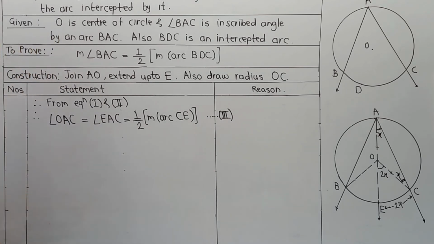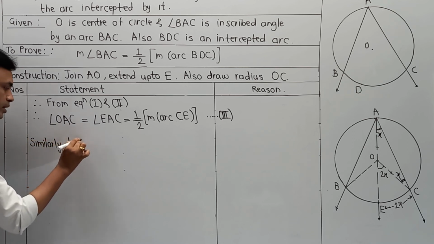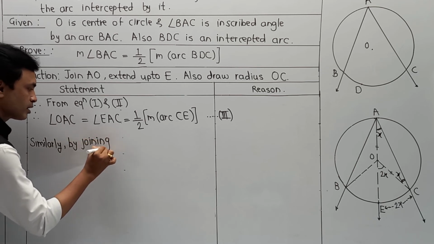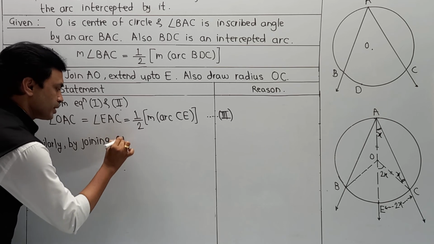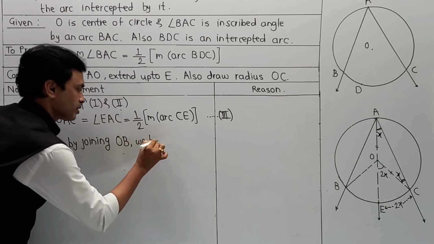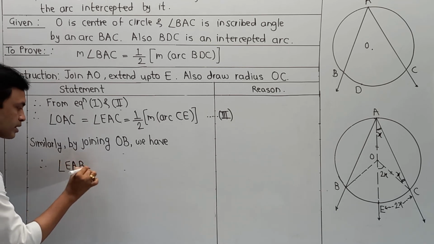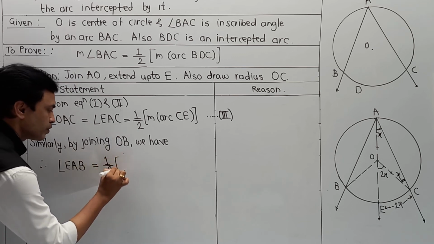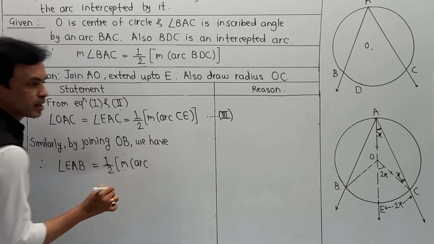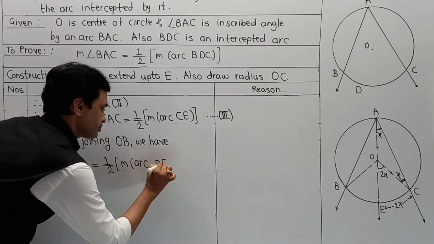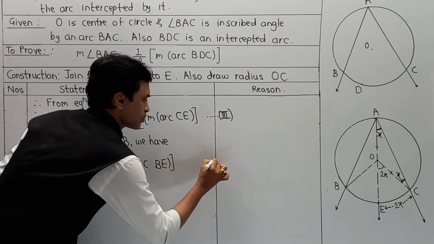So writing that part directly over here: similarly, by joining OB, we have angle EAB. Angle EAB is half of major arc BE. I want to call it equation number 4.